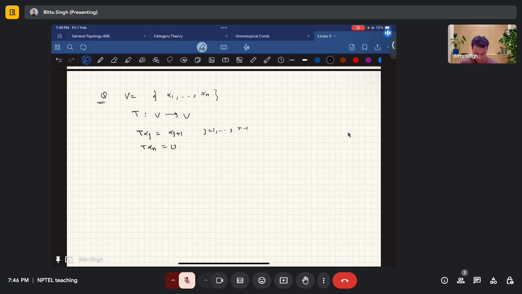Then the question is, what will be the matrix representation of T with respect to this basis? With respect to this basis B, and V is the vector space generated by B. Question: what is the matrix representation of this T?